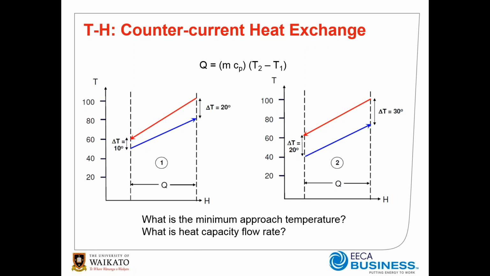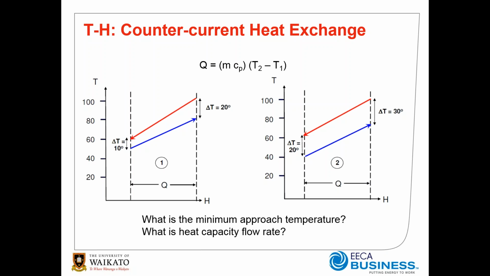Another important point for these diagrams is at each side of a counter-current heat exchanger, we have approach temperatures. So on the left side of the first diagram on the left, we have an approach temperature of 10 degrees, and then on the right-hand side, we have an approach temperature of 20 degrees. What we call the approach temperature with the lower difference, we call it the minimum approach temperature.